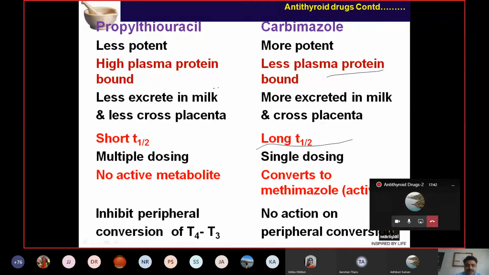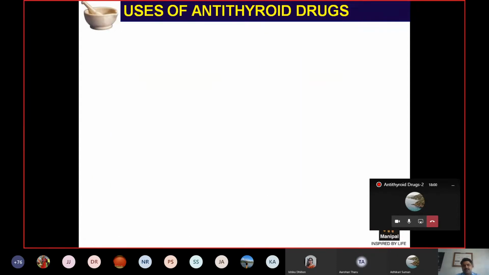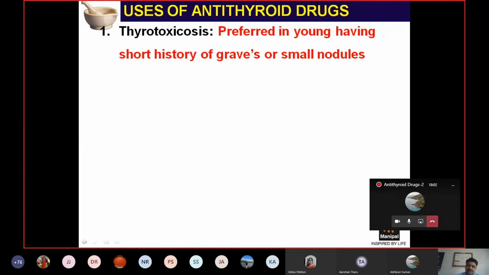Since propylthiouracil is less excreted in milk and crosses the placenta less, it is a preferred drug in the lactating mother. That is the reason, and it has additional properties. This difference we also talked about in last class.